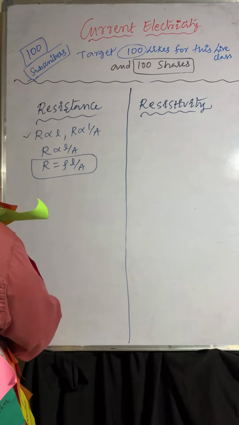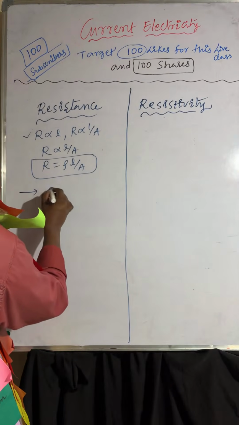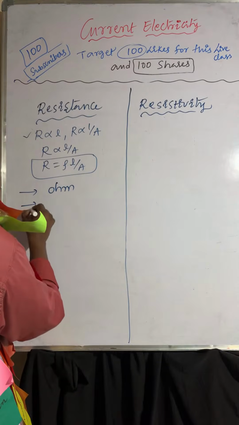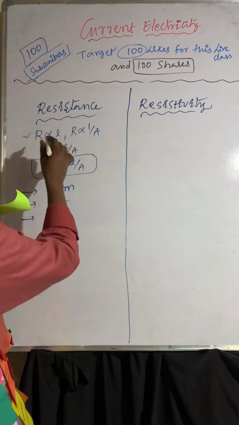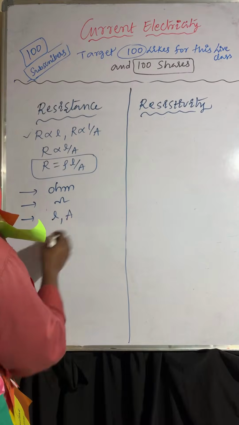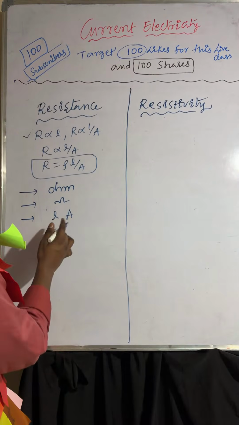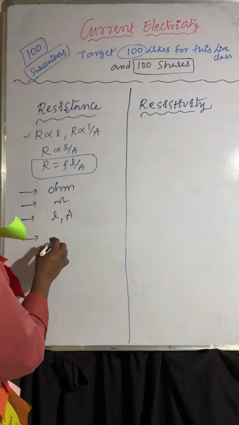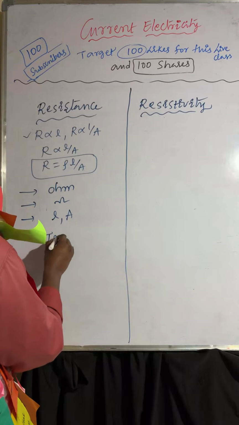Now, the SI unit of resistance is ohm. Resistance depends on length and area of the cross section, which are nothing but physical dimensions. Resistance depends on temperature.